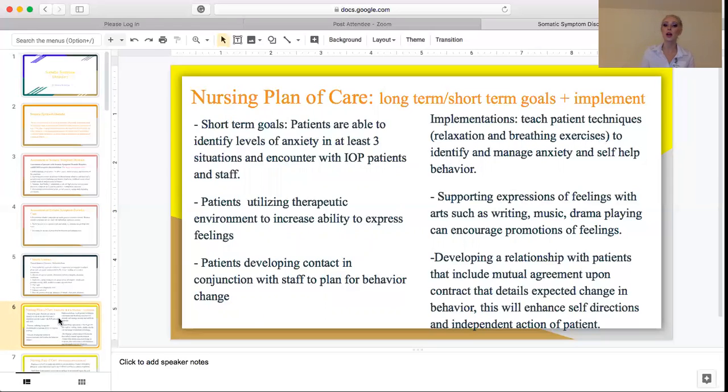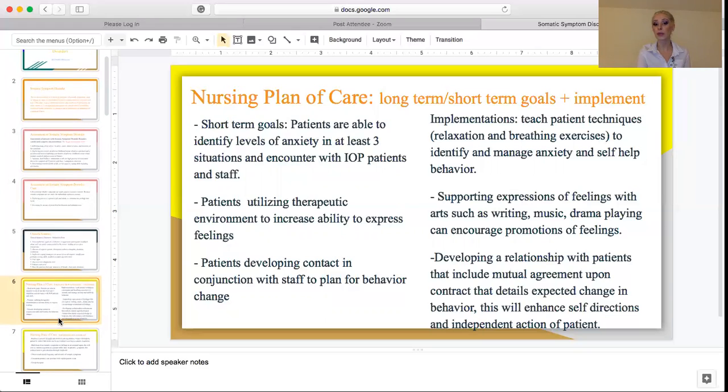When we work with elderly patients, it is very important to promote this and also do it with them, so they also get involved with music or drama playing. This helps to promote their emotions.